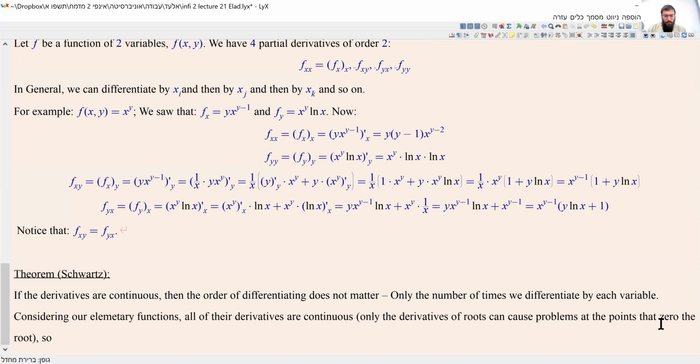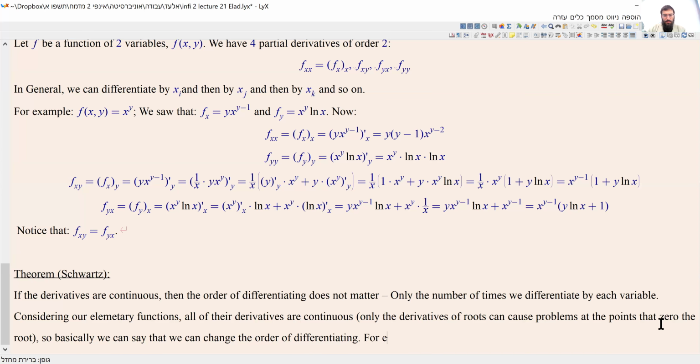So basically we can say that we can change the order of differentiating and get the same result.